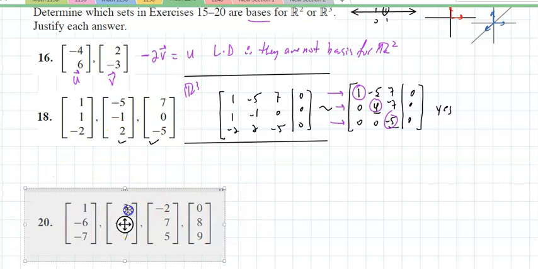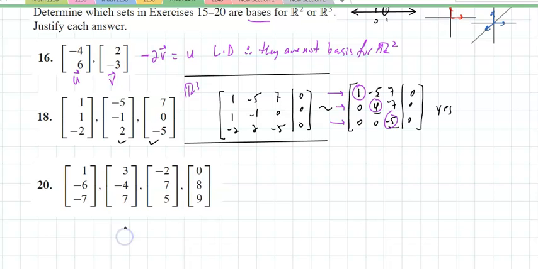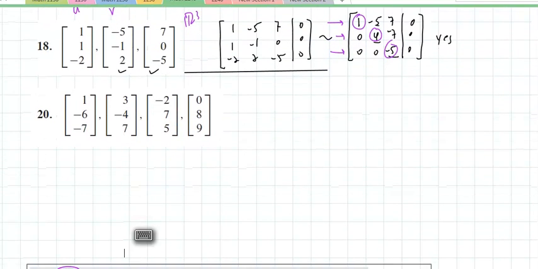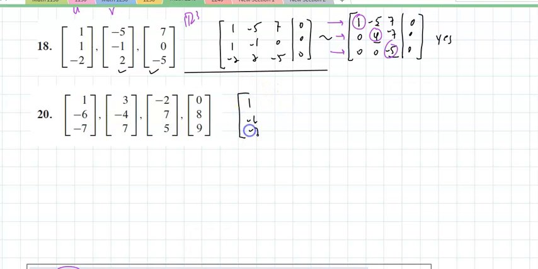Now, a couple of pointers about this problem. The same deal: I could look at it and say I don't have to do the work, but let's say I didn't pay attention to that. Then you're going to do a lot of work. Do you see what's wrong with this?